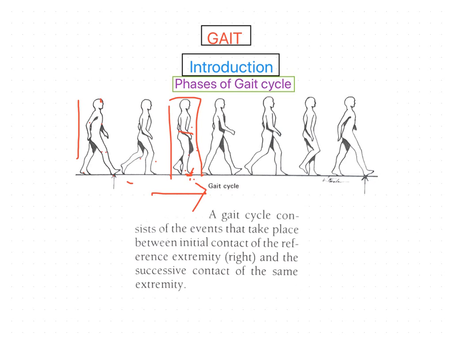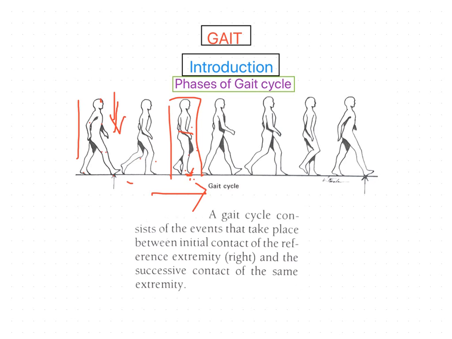First is weight acceptance, where the lower limb has to accept the weight. Next is single limb support, and the next one is swing limb advancement. These are the three tasks they established first.